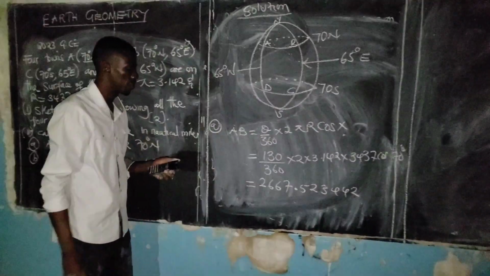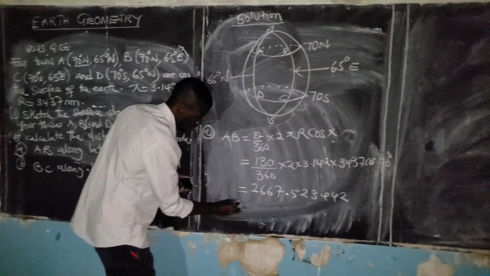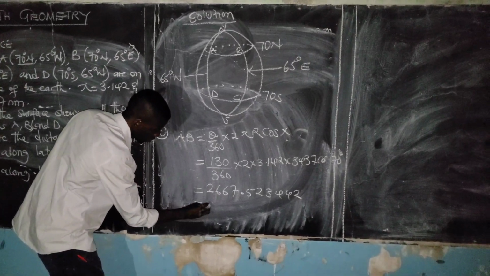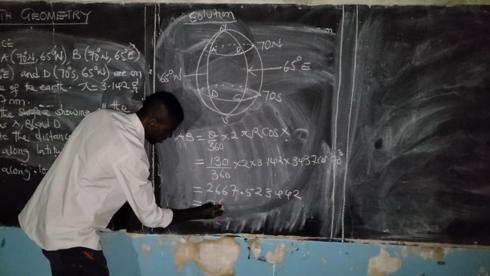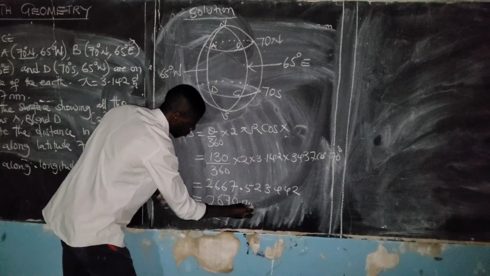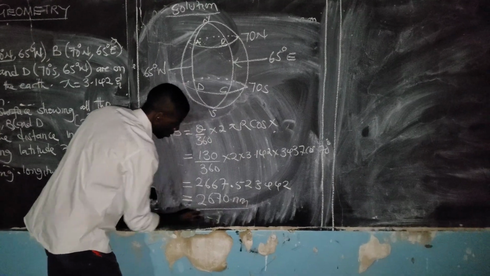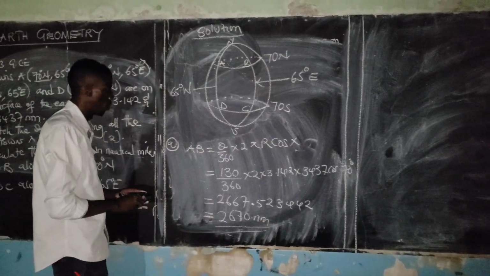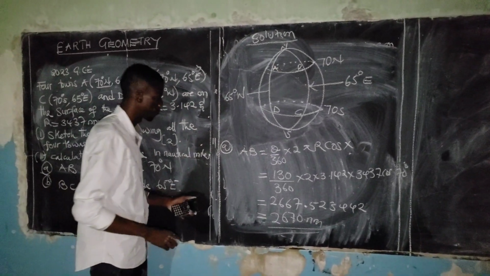Remember to round off to 3 significant figures. So this one will definitely give us 2, 6, 1, 2, 3, 7, 0 nautical miles. So that becomes our answer for Roman numeral A.